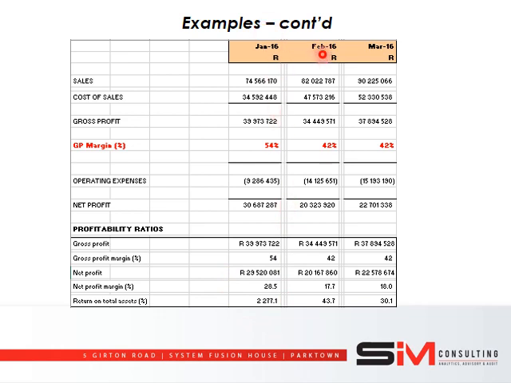Now, I want us to look at the results of February 2016 and also see how we are going to apply those results, which is slightly different from the previous. February 2016 shows gross profit of 34,449,571 rands. It shows a gross profit margin of 42%. It shows net profit of 20,167,860.